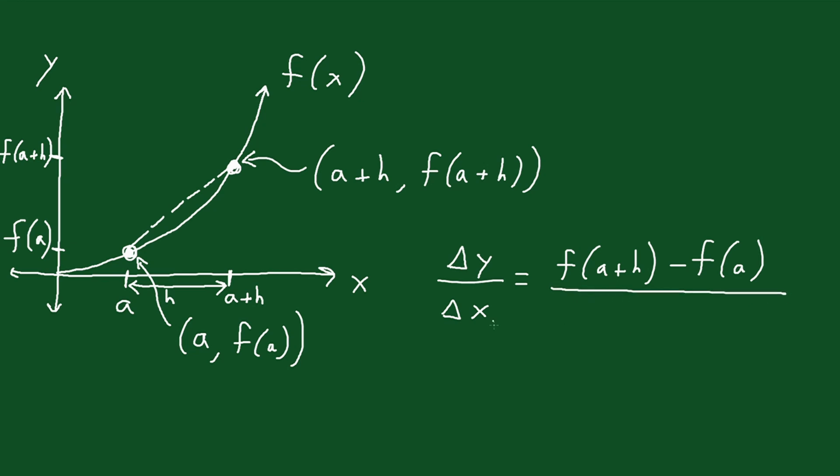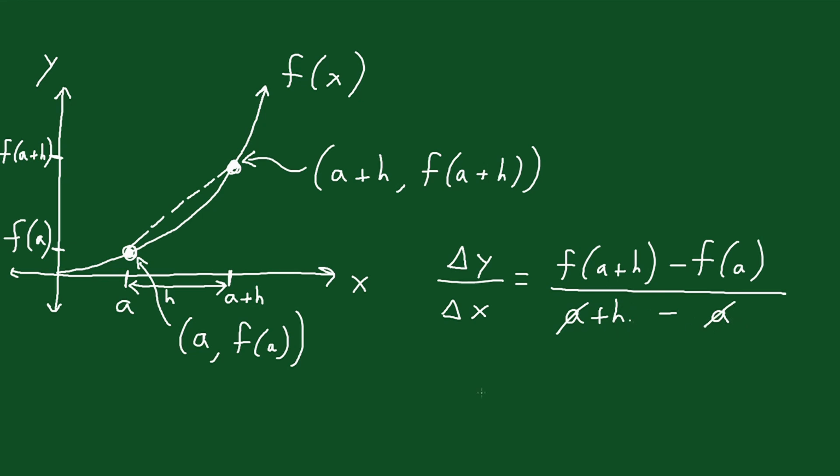And what's the change in x? Well, it would be the a plus h minus the a, right? We subtract those two x values. So we'll have a plus h minus a. Now what happens here? Well, a minus a, those will cancel one another out, and you're just left with h on the bottom.